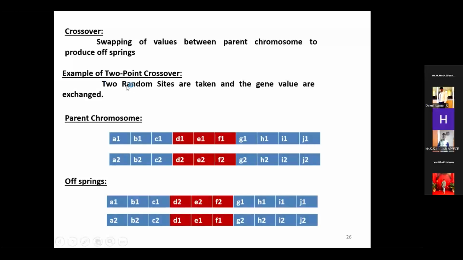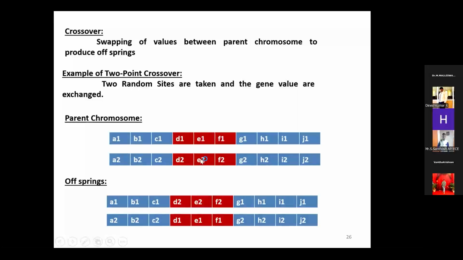In the two-point crossover, two random sites are taken, and the gene values are exchanged. The parent chromosome, what I consider here, is A1, B1, C1, D1, E1, F1, G1, H1, I1, J1. Similarly, the next parent chromosome I consider like that.